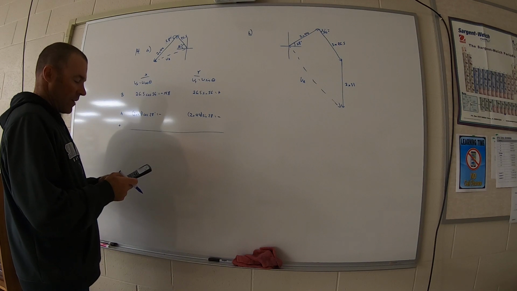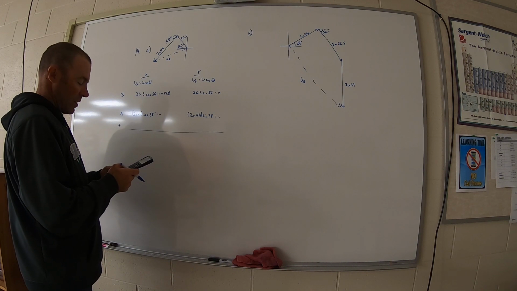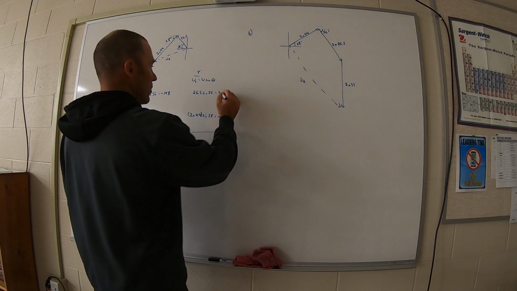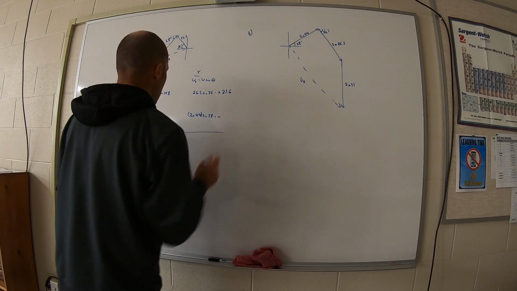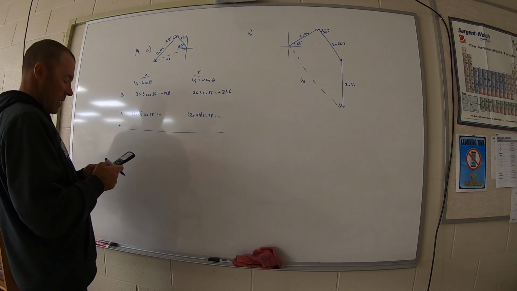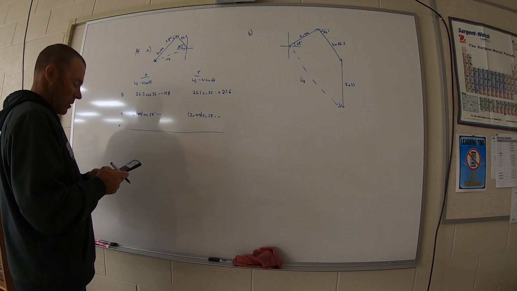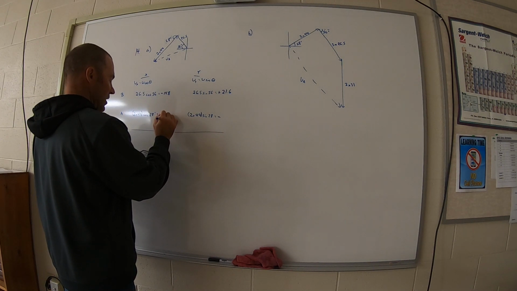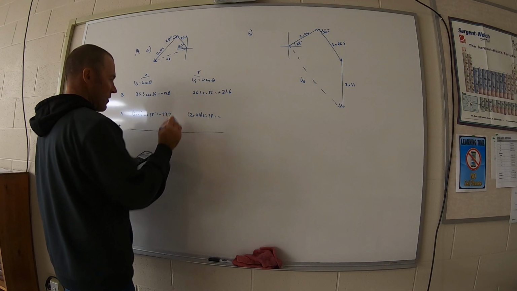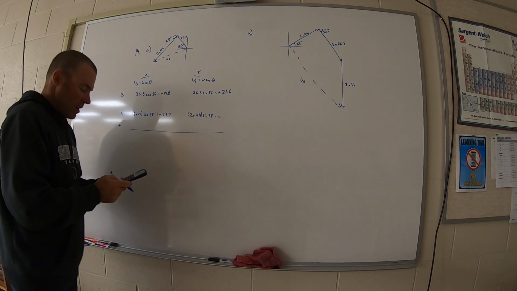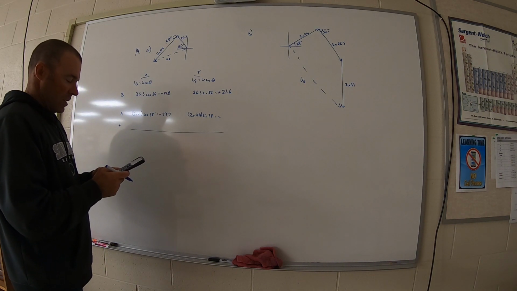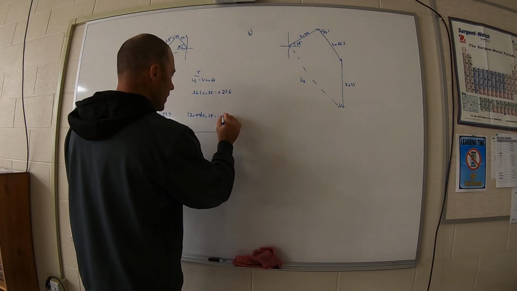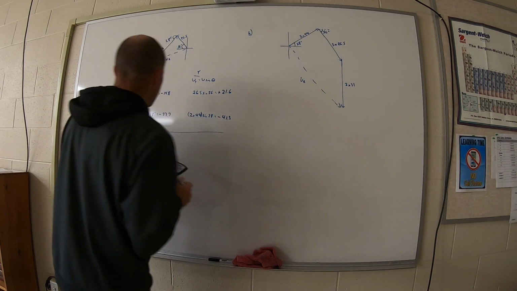And 26.5 times the sine of 56 is 21.6. 88 times the cosine of 28 is 77.7, negative 77.7. And then 88 times the sine of 28 is negative 41.3. So let's add these together.